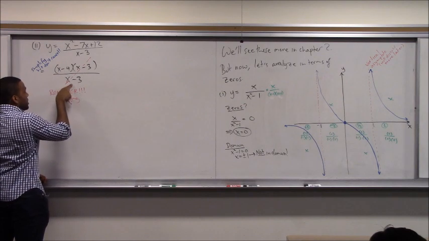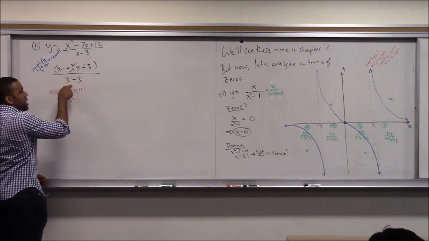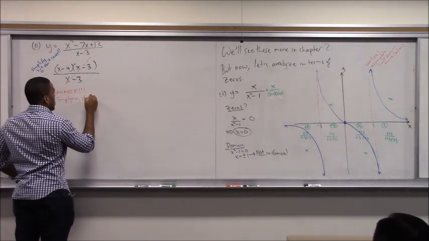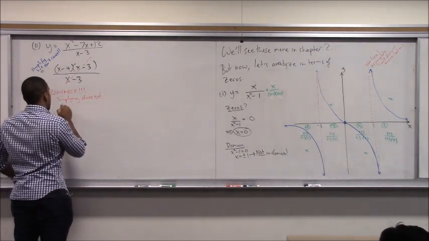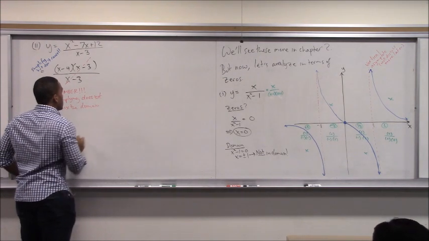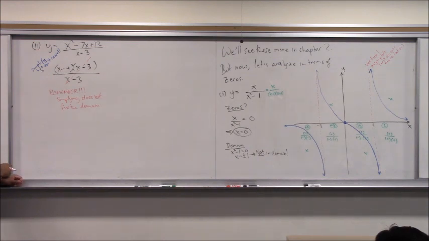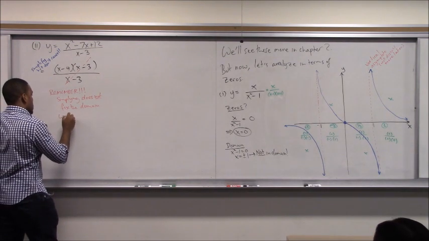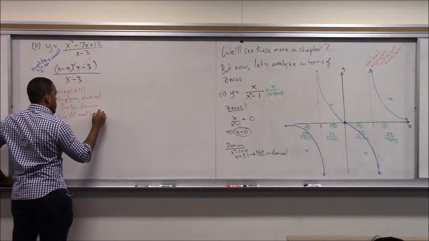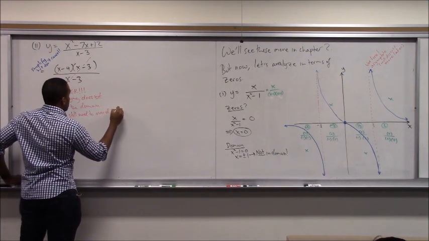So the fact that you're canceling that x minus 3 in the bottom doesn't make x equals 3 okay. x equals 3 needs to still be avoided. We still need to avoid x equals 3.